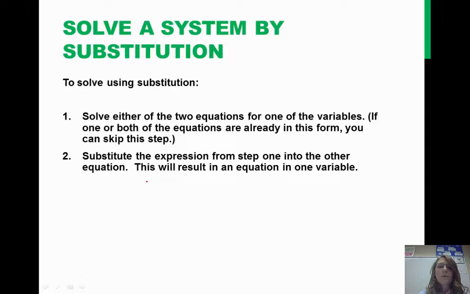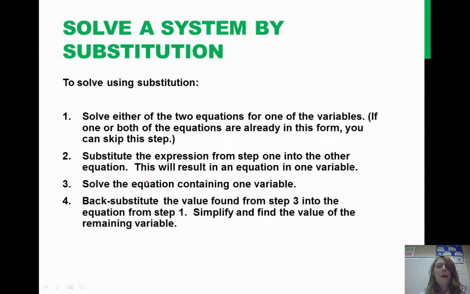You're going to substitute the expression from step 1 into the other equation. This will result in an equation in one variable, so you won't have the other equation in there anymore. You're going to solve the equation containing the one variable. Then you'll back substitute that answer into the very first equation from step 1.